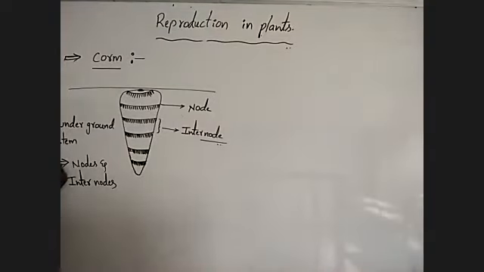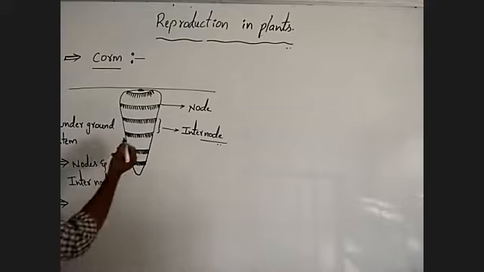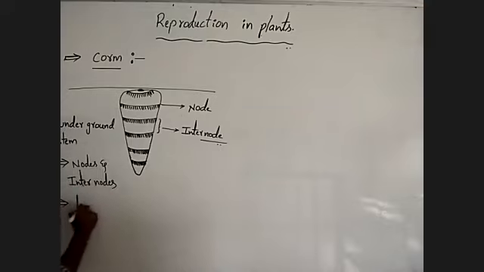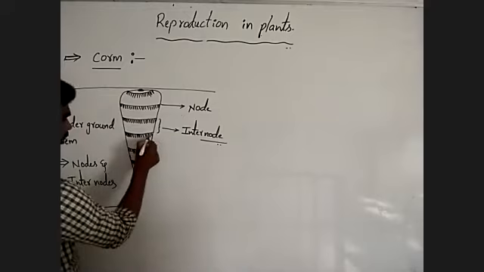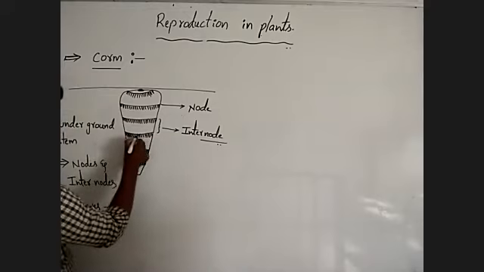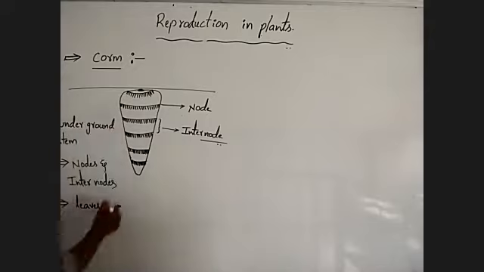Next, leaves are modified into small microscopic hair-like structures.